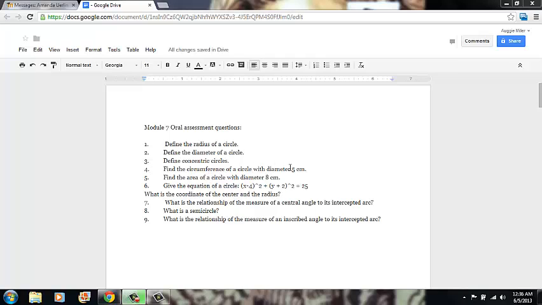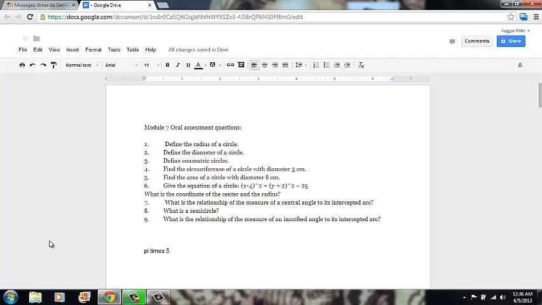Find the circumference of a circle with diameter 5 centimeters. The circumference of a circle is just pi times the diameter, so 5.